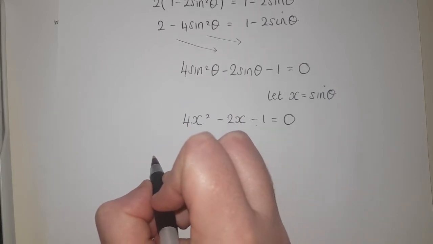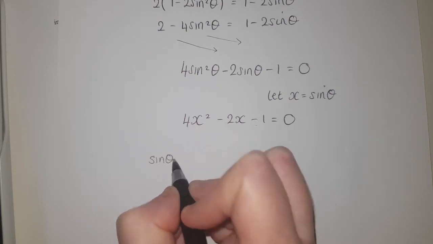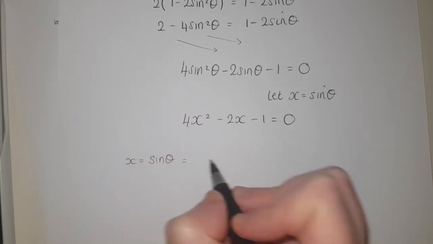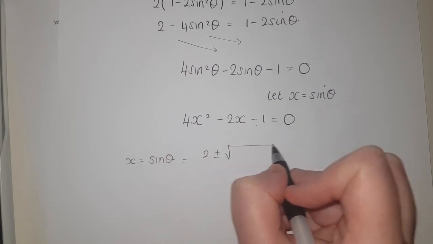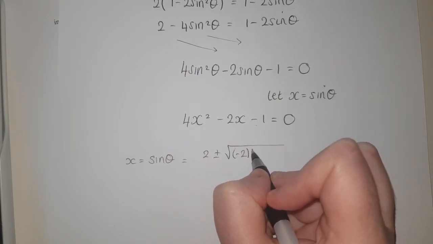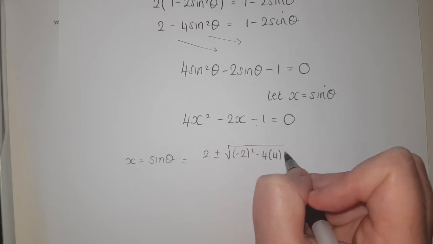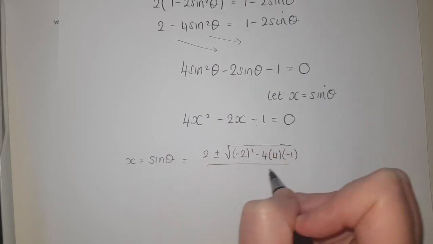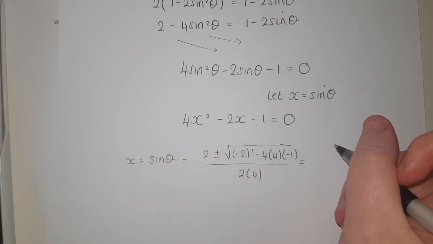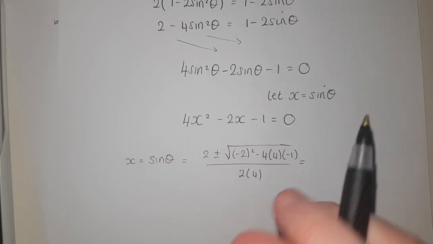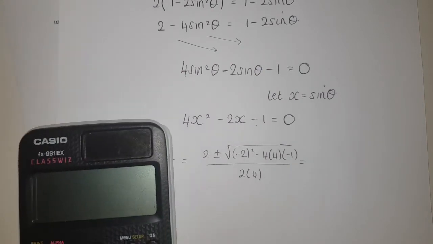So in our case, sine theta, or x, whichever way you've written it, is equal to minus b, so that's just 2, plus or minus the square root of b squared minus 4ac, all over 2a. Chuck that in your calculator and you are going to get, give me a second.